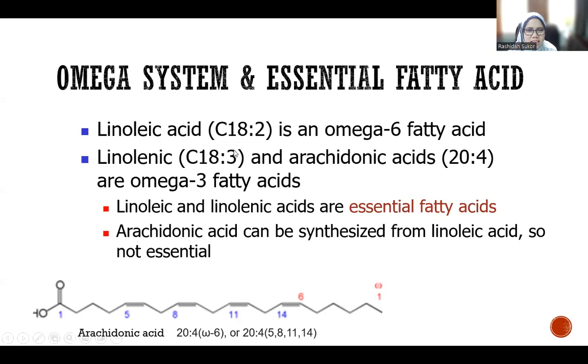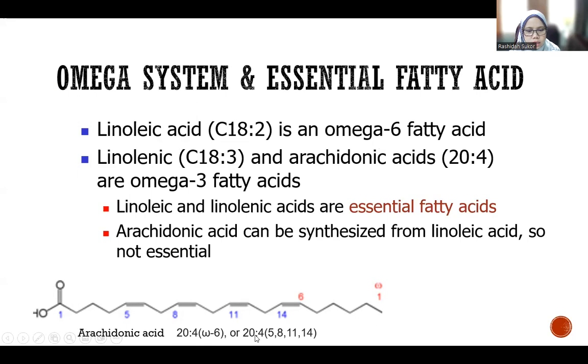Okay, linoleic acid is C18:2, is an omega-6 fatty acid. Linolenic is C18:3, and arachidonic acid is 20:4. Okay, so ini adalah arachidonic acid. Okay, so this is 20:4 and omega-6. So kita start daripada sinilah 1, 2, 3, 4, 5, 6.